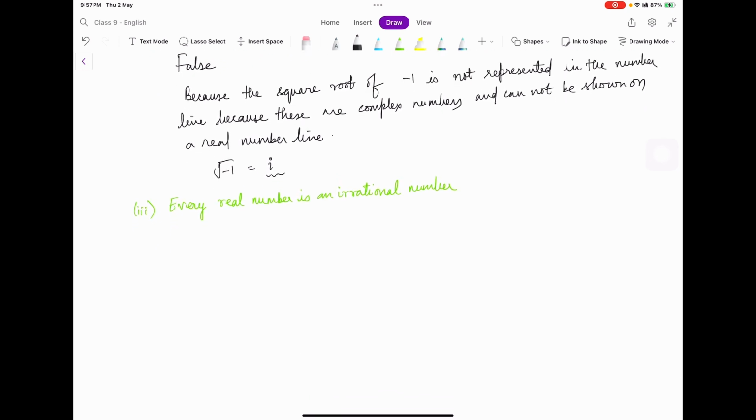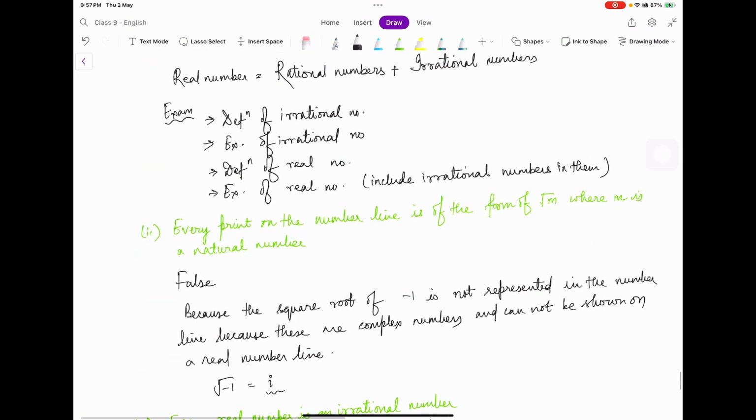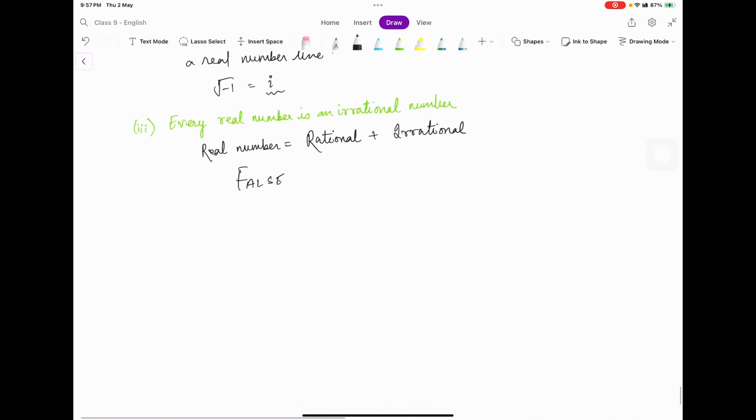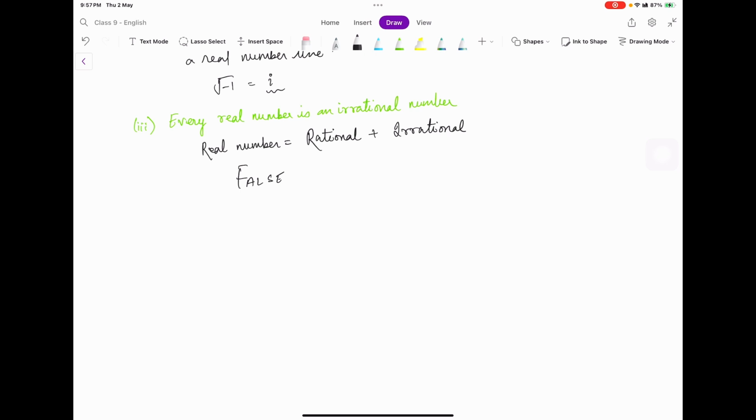So real number consists of rational numbers also. So how can every real number be an irrational number? Okay, so it cannot be. So the answer is false. Again in the exam you write the definition of irrational number, example, then you have to mention the statement. Okay, this is the way you have to do.